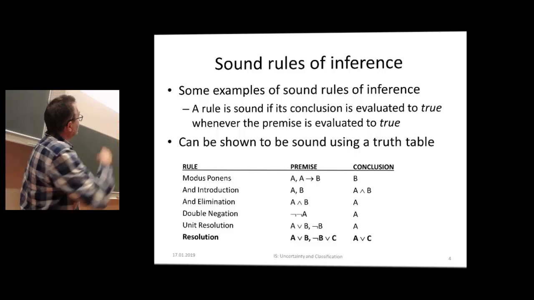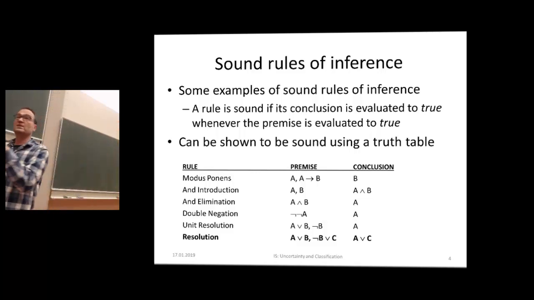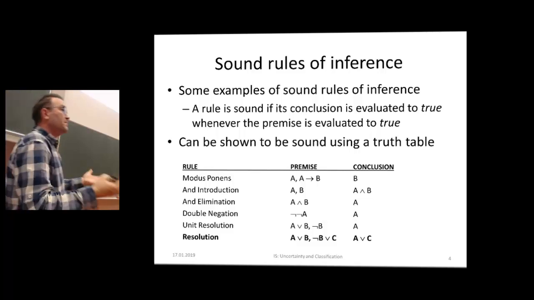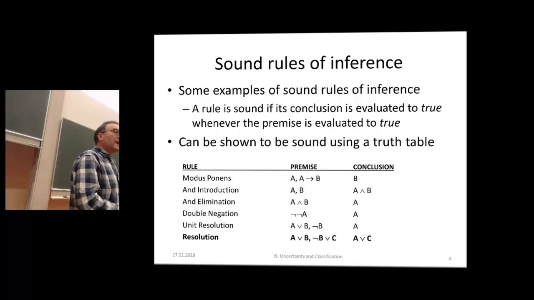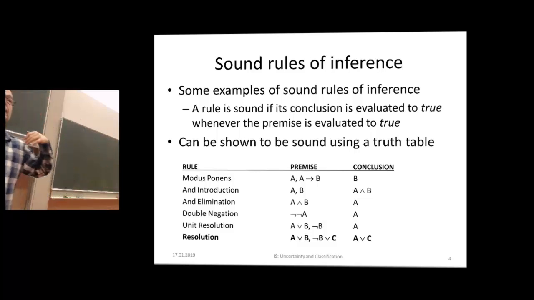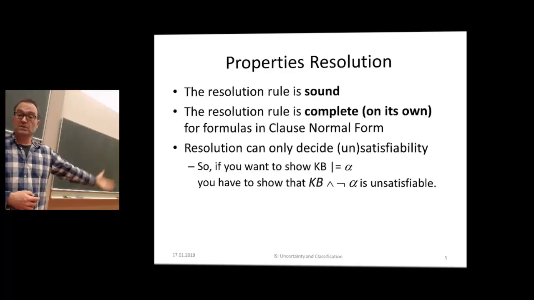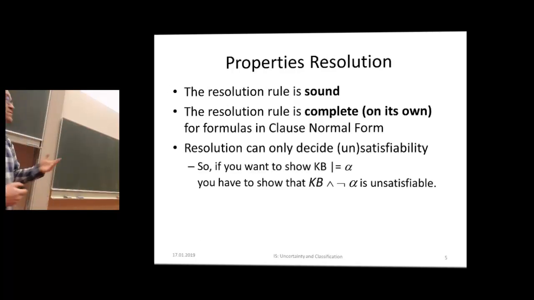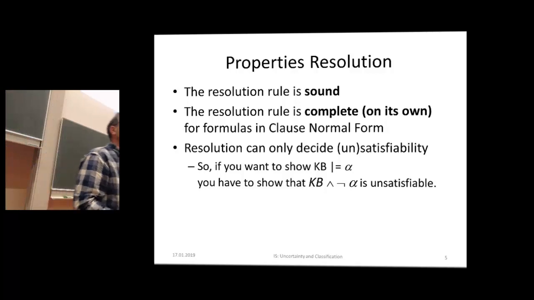We also have and-introduction, so if we know that two things are true, then we can introduce the conjunction, and so forth. So there are a number of rewrite rules that are valid for our logic, and we can simply apply them. And that means that we only derive facts that are still true. So the resolution calculus is sound in that respect.